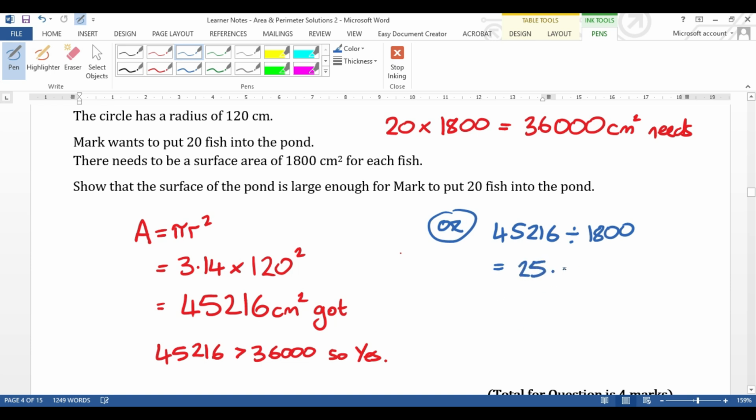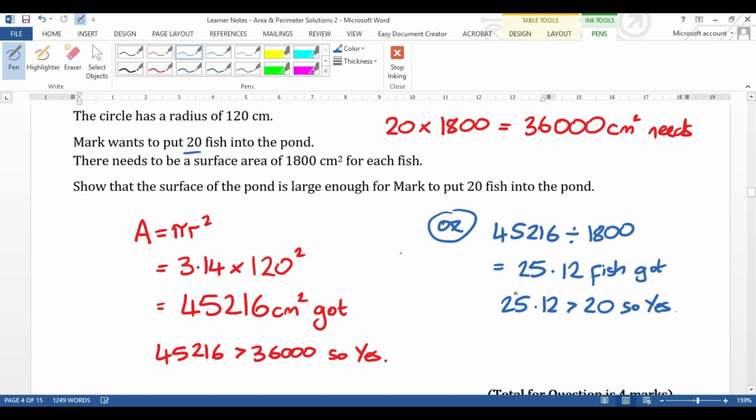That gives you 25.12 fish. This is what he's got, and this is what he needs. Remember, the 20 fish is what he needs. So again, he's got more than enough. 25.12 is greater than 20. So yes, he's got more than enough. In fact, he can fit 25 fish on there if you wanted to. So that's another way of doing that one as well.